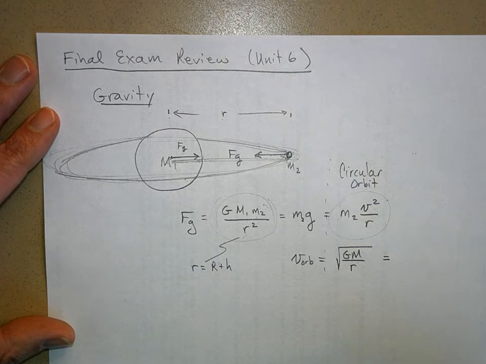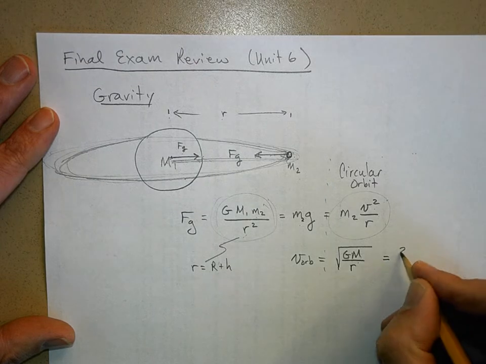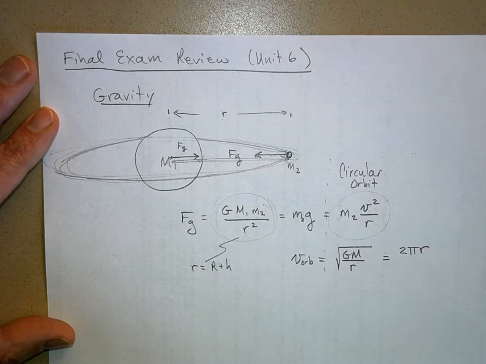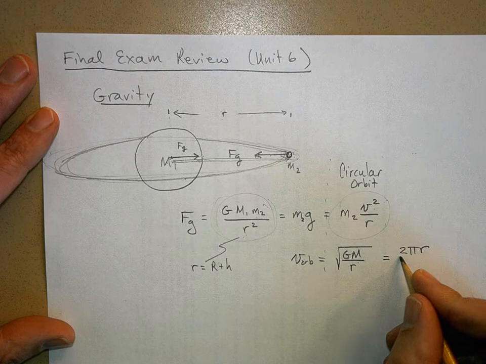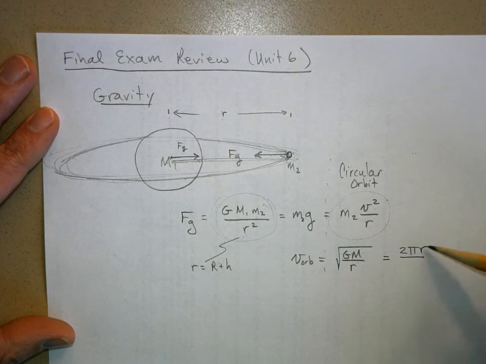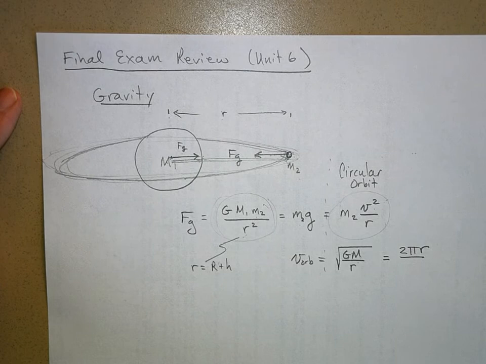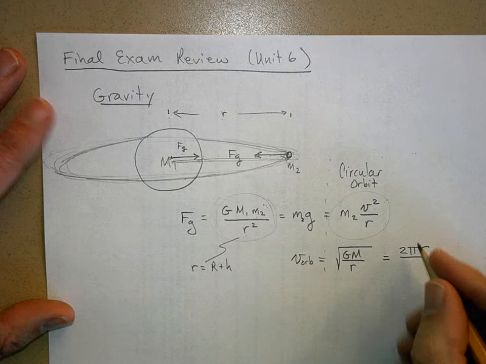I traveled the circumference of a circle. What's the equation for the circumference of a circle? 2 pi r, divided by the time, right? Speed is the distance traveled divided by the time. Now what do we call the time it takes to make one complete orbit? Call that the period.